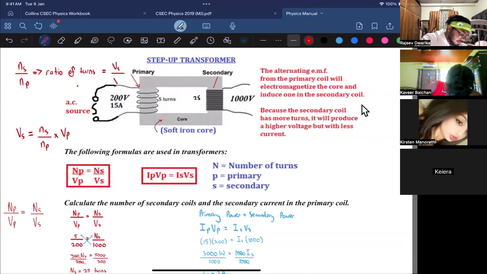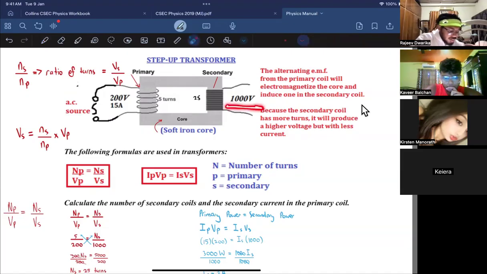We saw that. Justin, can you see that? If I take 1,000 and I divide it by 200, will I also get 5? Watch. What's 1,000 divided by 200? 5. And what's 25 divided by 5? 5. Right. So the ratio of turns is equal to NS over NP, and it's also equal to VS over VP.